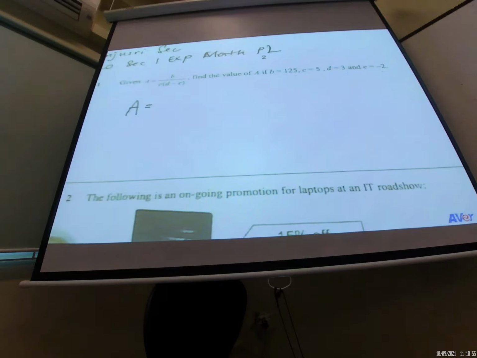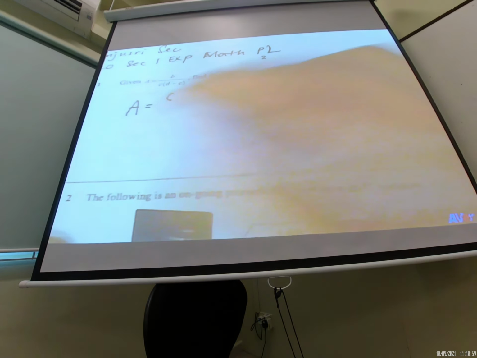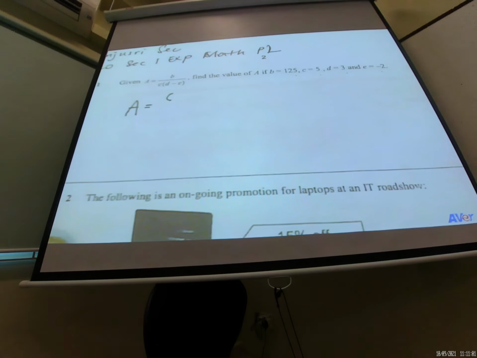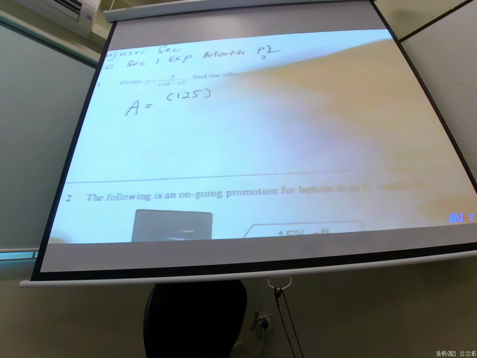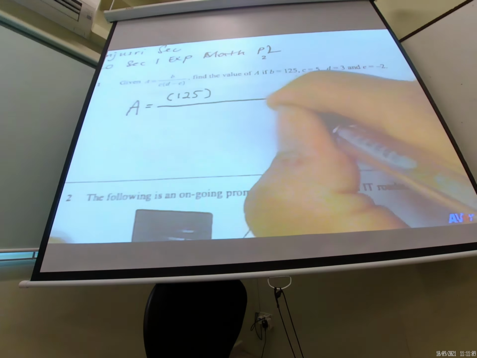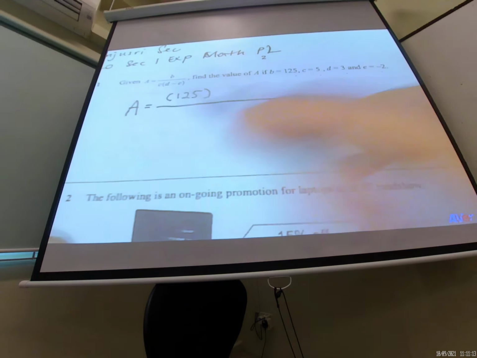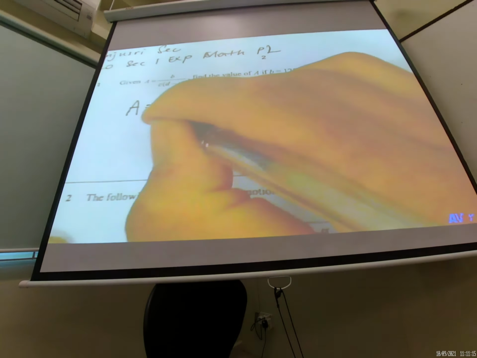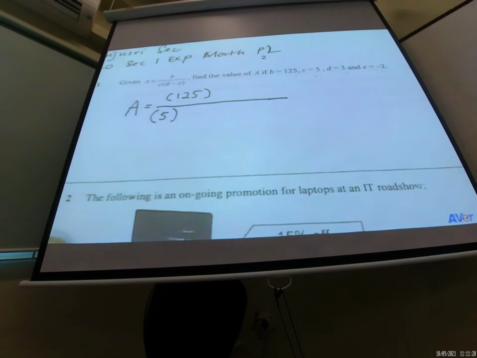So A is, what is B? And for substitution, remember, whatever value we want to substitute, we use a bracket and then put the value inside. So B is replaced by bracket 125. The divide line will stay, but now we know what is C. C is 5, so we replace C with a bracket and put 5 inside.